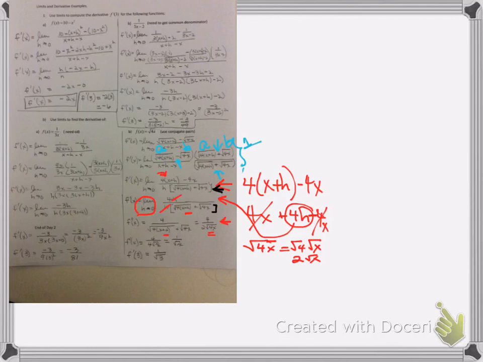And since I had a 2 to begin with, 2 times the 2 I pulled out is 4, and that's where this 4 comes from. These 4's can now cancel, and I'm left with f prime of x is 1 over radical x.